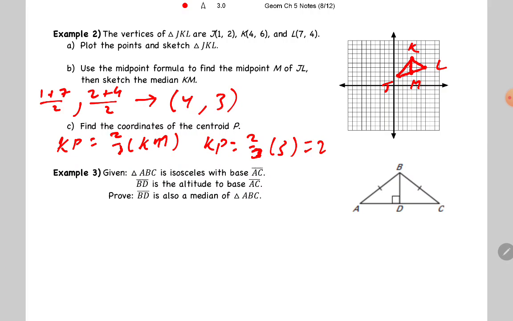So point P is 2 units away from point K, since P is the centroid.